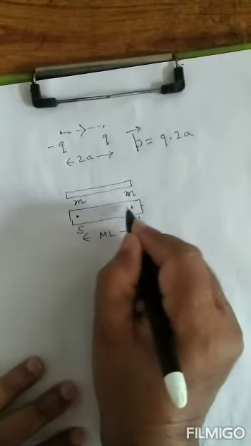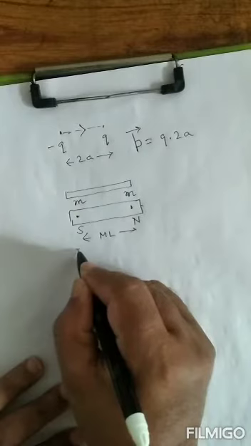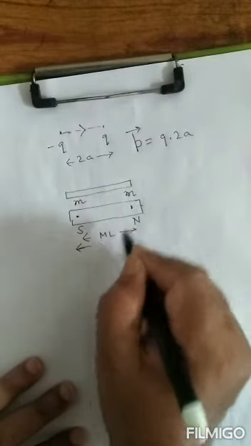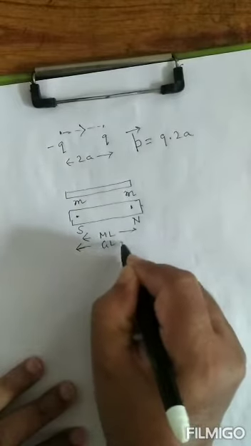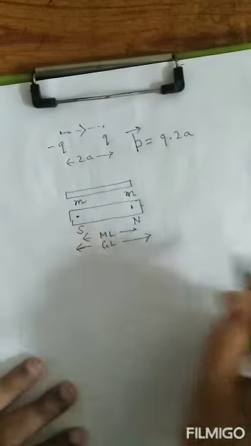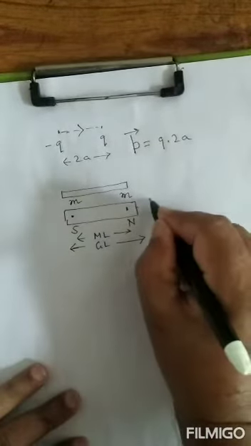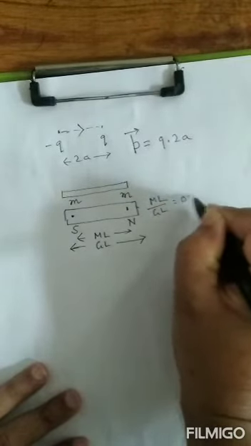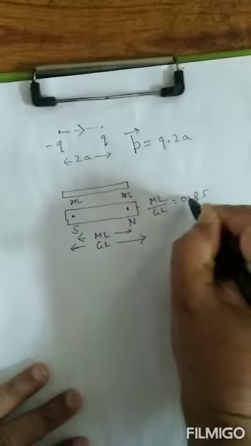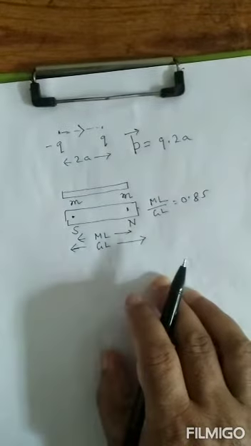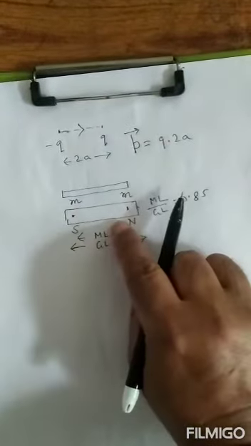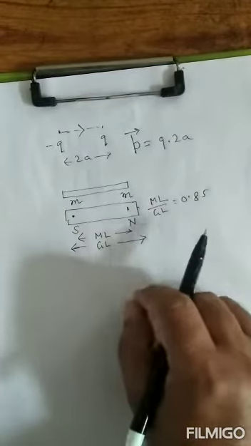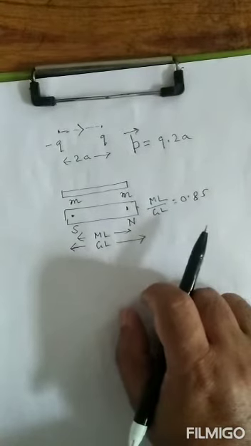From here to here it is the magnetic length, and the actual length of the magnet is called the geometrical length. It is found that magnetic length by geometrical length is equal to 0.85. That means, depending on the dimension of the magnet, the north and south poles are slightly inside the magnet.